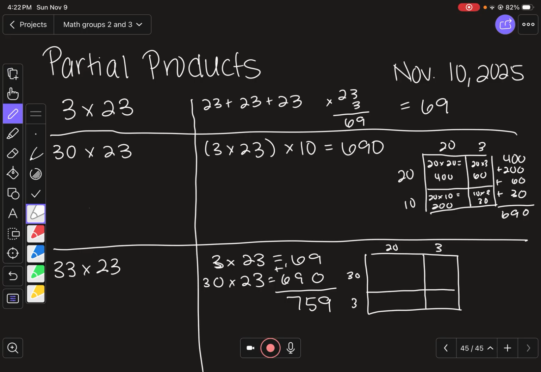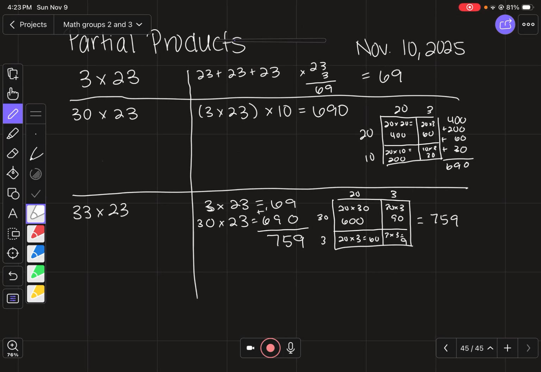So in that case, you would do 20 times 30, which is 600, 30 times 3, which is 90, 20 times 3, which is 60, and then 3 times 3, which is 9. And if you add all of those together, you would get 759. You could also do a ratio table. Your ratio table might be kind of long, but you could get to it using a ratio table, and some of you might have tried to do that. So that would work as well.